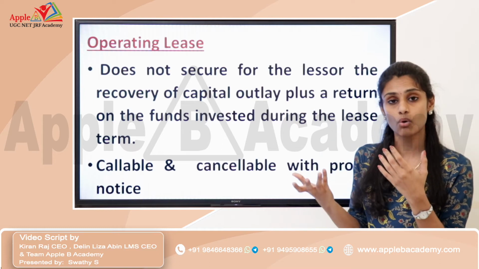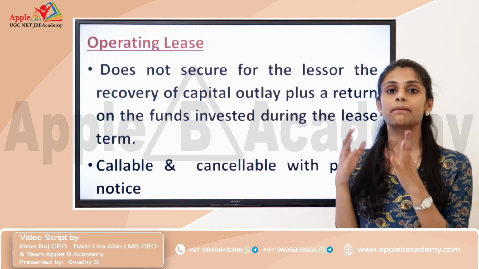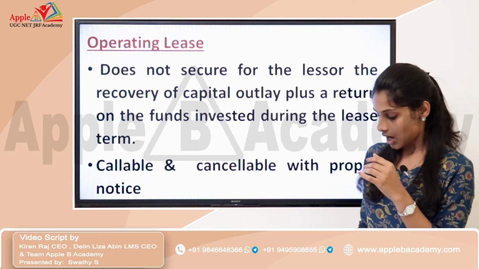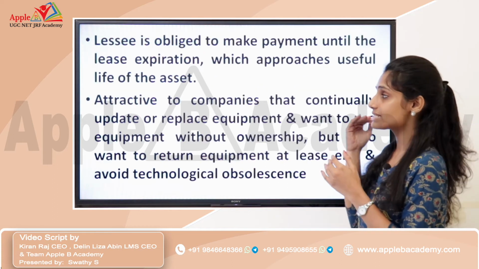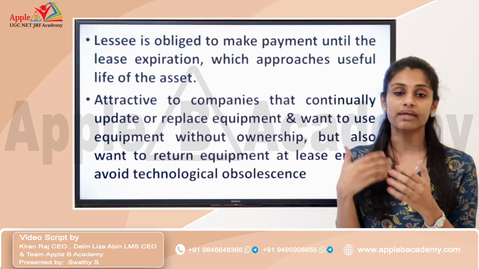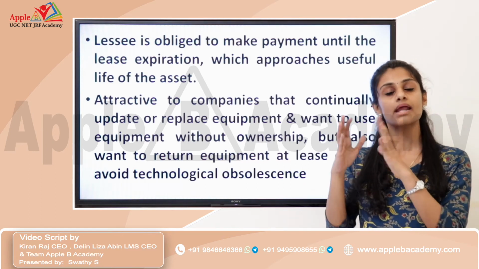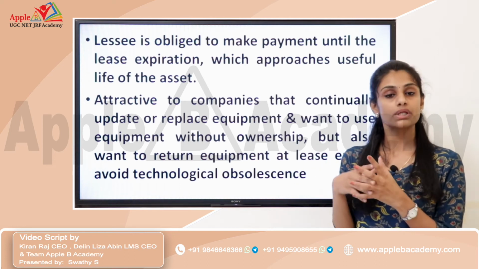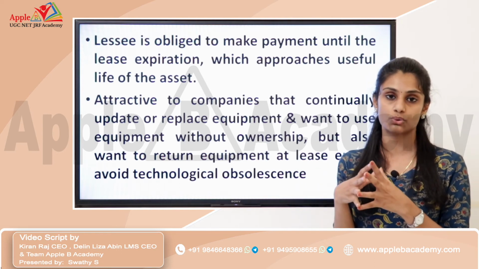They have to give a notice, but it is cancelable. While comparing to finance lease, such types of leases are not cancelable. Anyway, in this case, the lessee will make the lease rentals periodically, and after the lease period is completed, he will return the asset to the lessor or the owner of that particular asset.